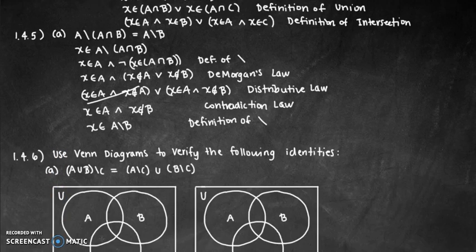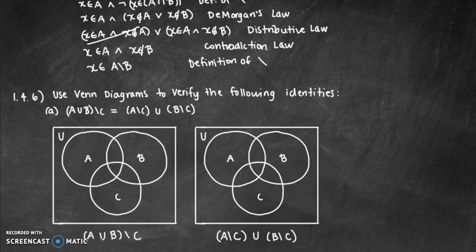And now for our last problem, which should go by pretty quickly. Okay, so 1.4.6, use Venn diagrams to verify the following identities. We have A union B minus C is equal to A minus C union B minus C. Here we have 3 circles, and we just need to show that their Venn diagrams are the same. So first, let's start with the left side of the equality.